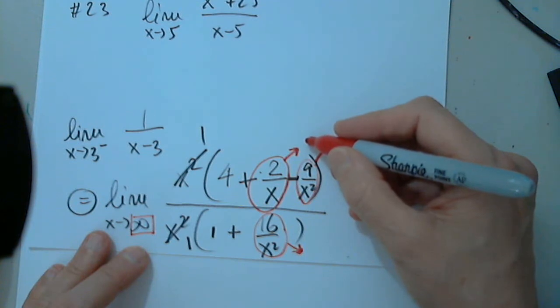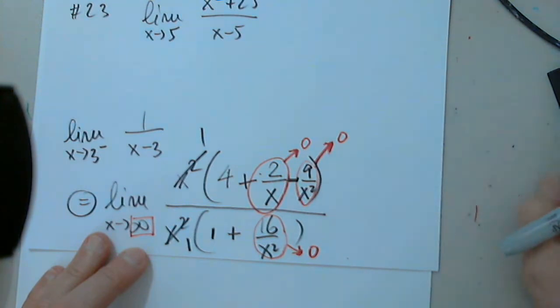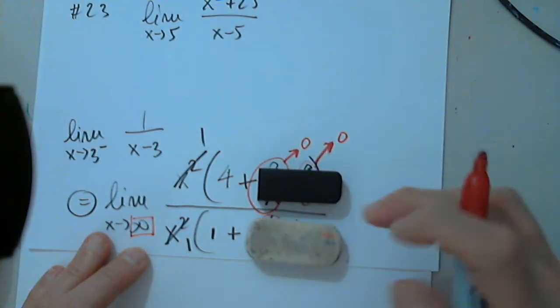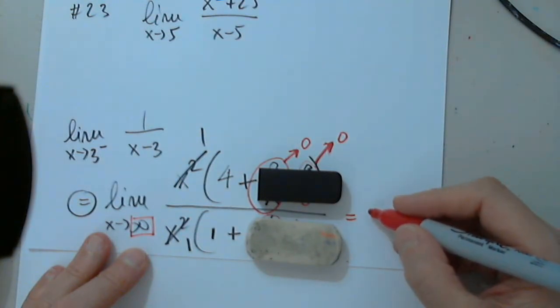I see both sides are going to 0. Excellent. So then the limit is 0.